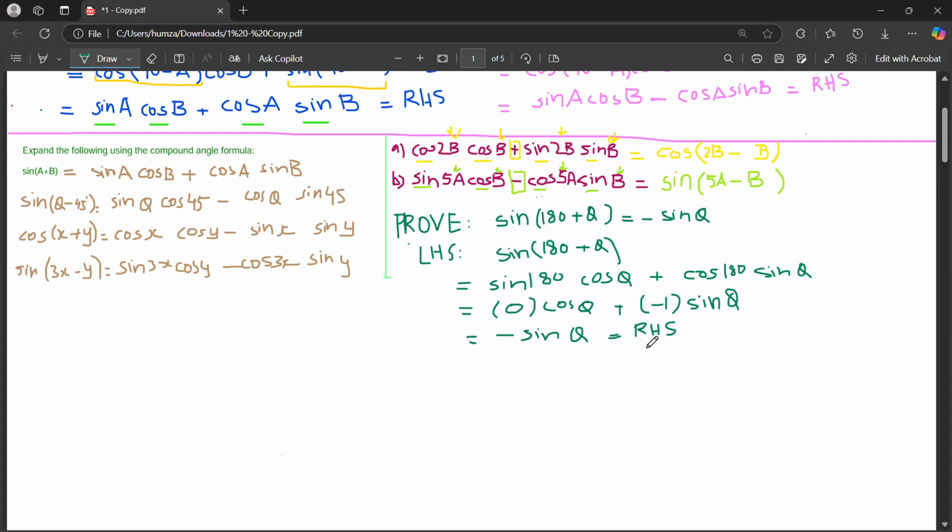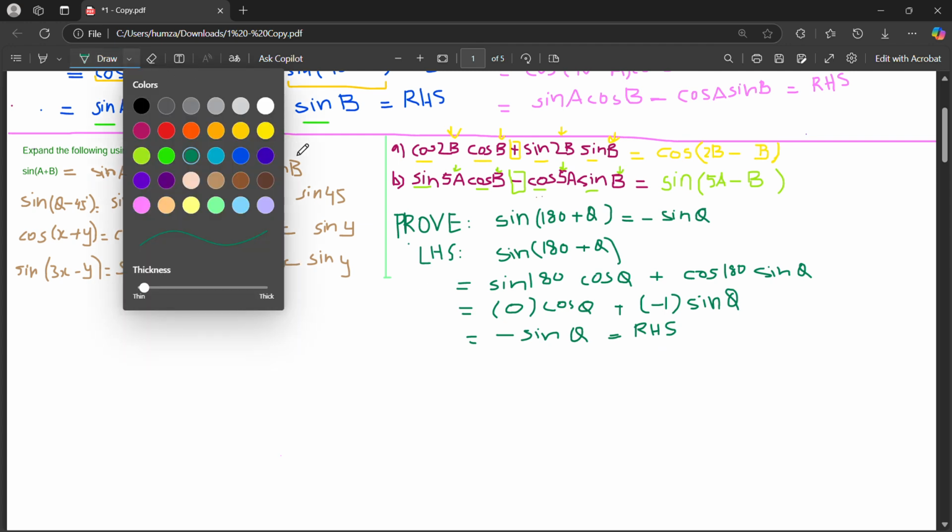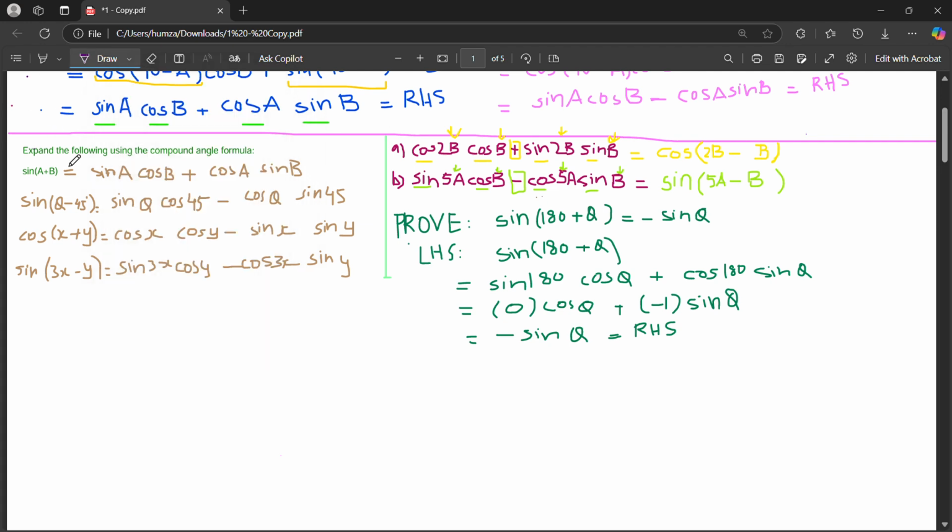Okay, now we can use another example where they can ask you to simplify without using the calculator. Let's see. Simplify sin 105 degrees without calculator.